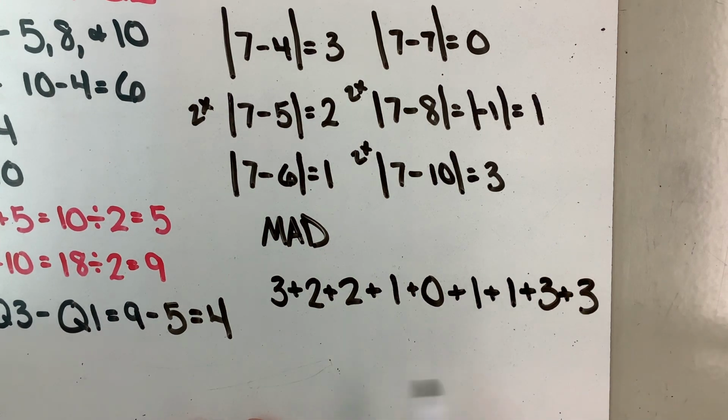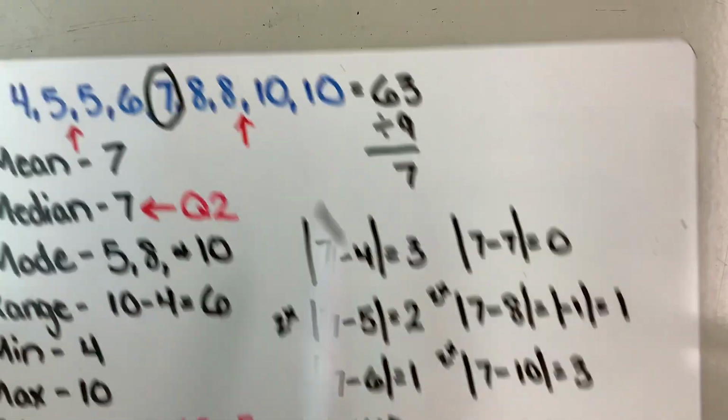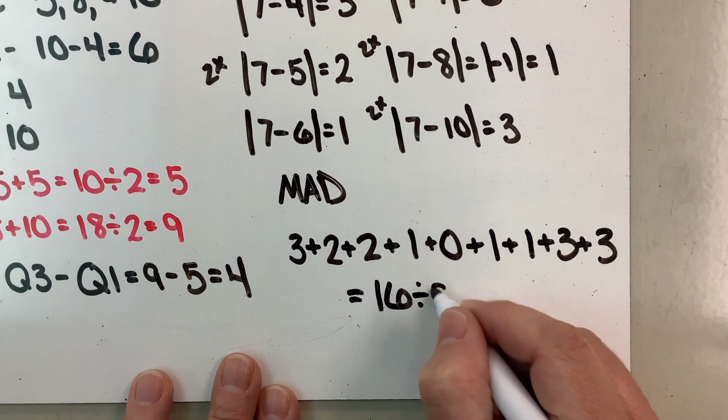When we add that up, the sum is 16. Now, there were 9 numbers, so we still have 9 absolute deviations, or we should.